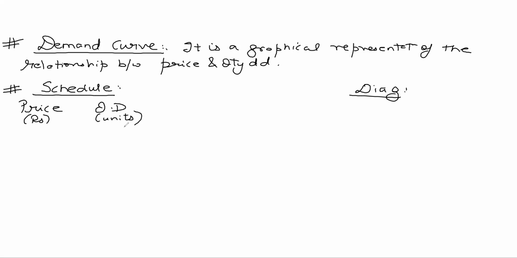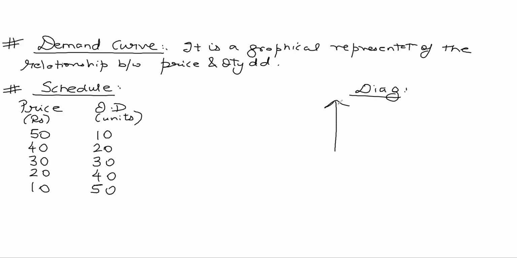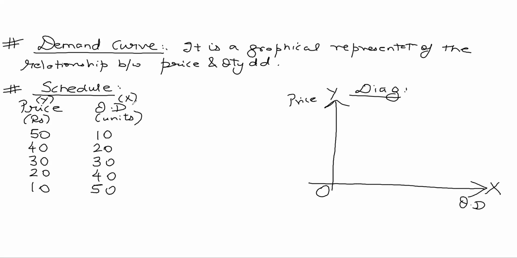When my price falls from 50 to 40 to 30 to 20 to 10, my demand goes up from say 10 to 20 to 30 to 40 to 50. Now, if I plot this, all of this is very easy. This is quantity demanded, this is price. So price is measured on the y-axis, quantity demanded is measured on the x-axis.